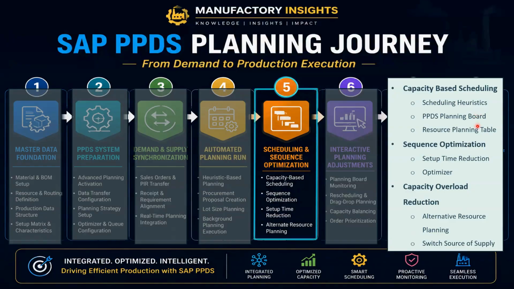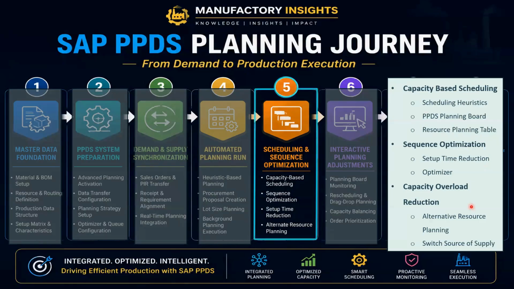When you talk about optimization, the optimization can be performed by reducing the setup time. To enable that, the PPDS optimizer can be implemented along with the setup matrix so that the setup time can be reduced.